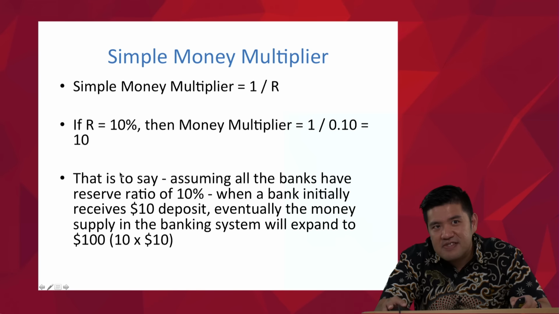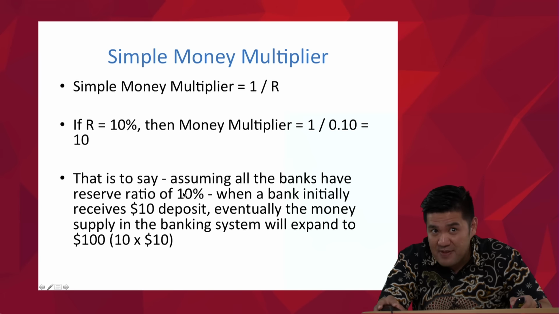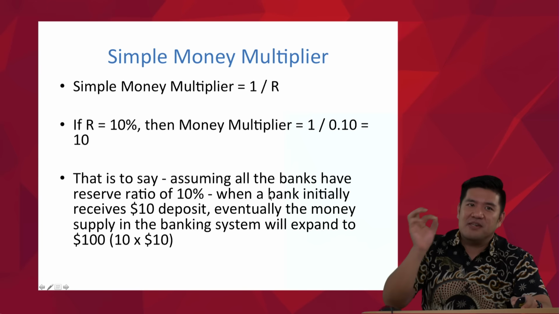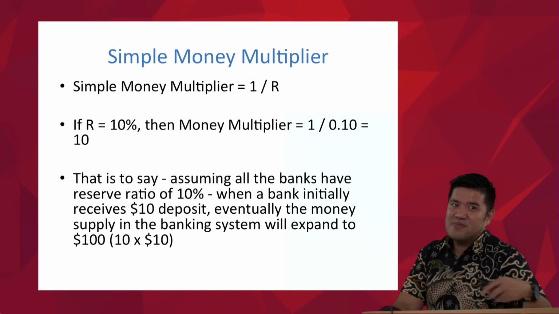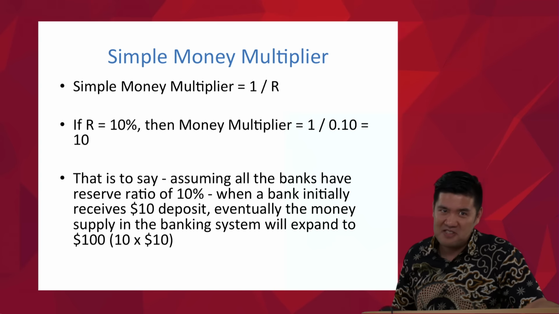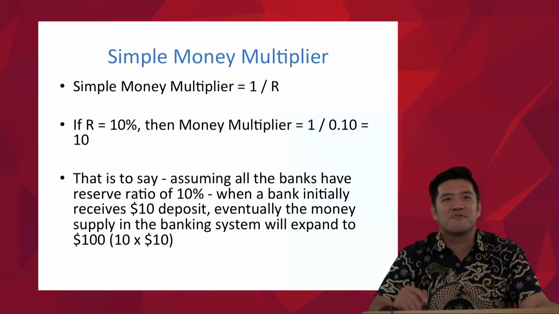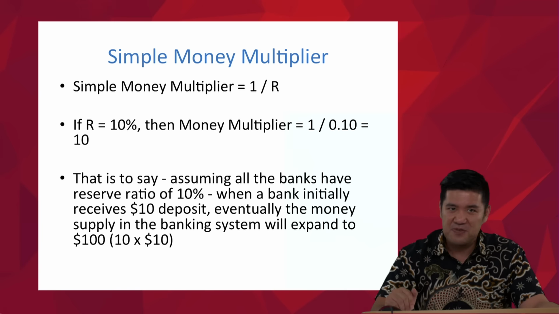That is to say, assuming all the banks have a reserve ratio of 10%, when a bank initially receives a $10 deposit, or if you want to talk about this in terms of millions, 10 million deposits, you can do so.